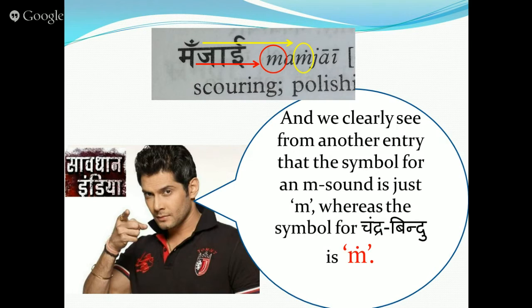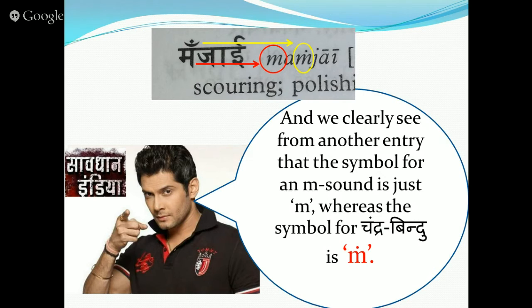So what we have deduced is that the symbol they're using in the Oxford English Dictionary for a nasalized vowel is an M with a dot over it.